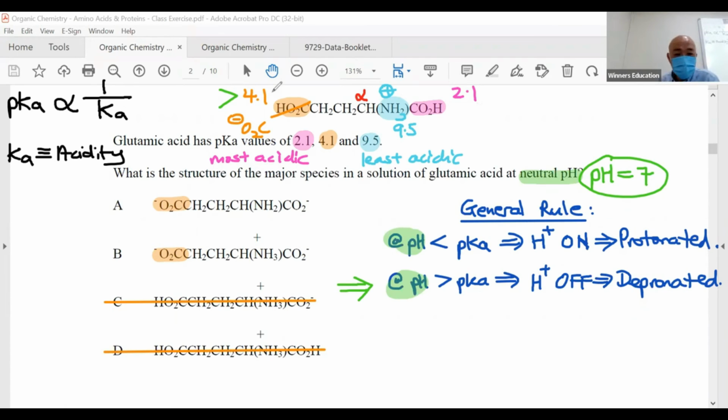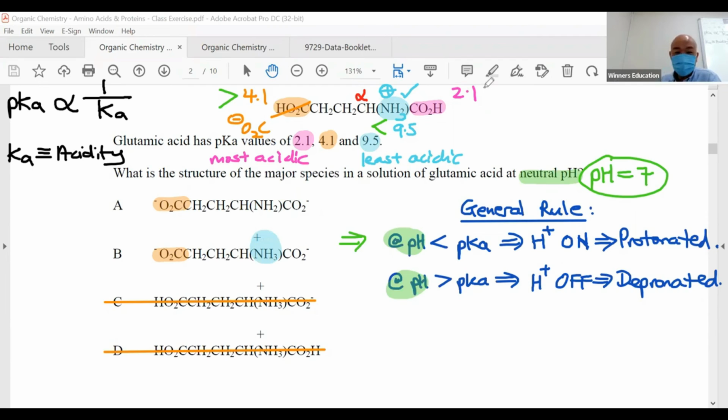Let's go to the blue. The blue value is 9.5. 7 right now is what? 7 is smaller than 9.5. Make sense? Yeah. So where are we? We are here. So the H plus will be on. Make sense? Correct? Which means the group exists as it is. I got the answer. Oh, the answer is B. But we have to verify in case I boo-boo.